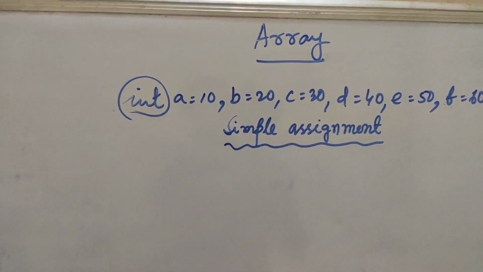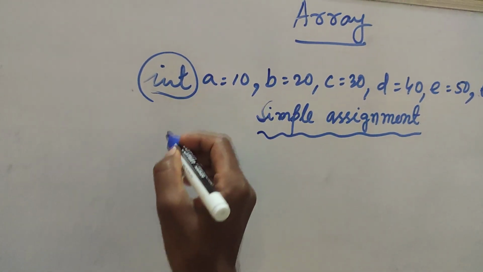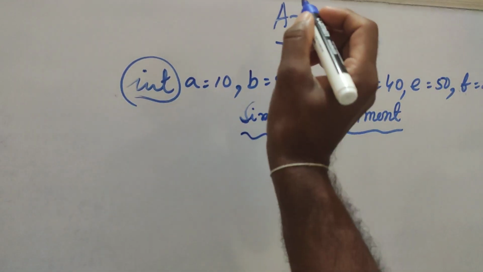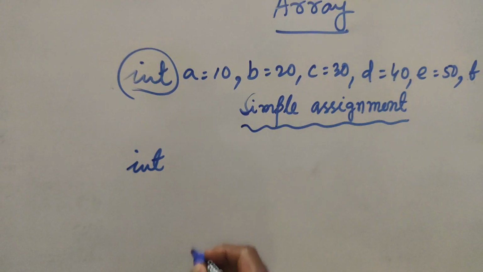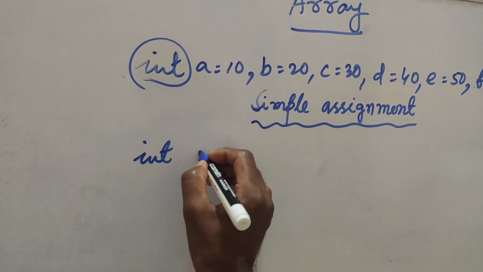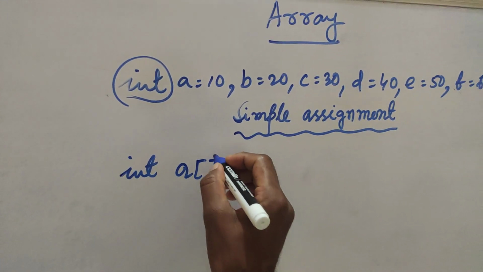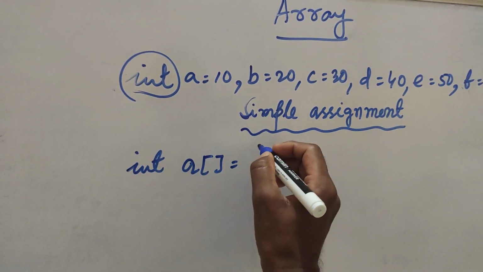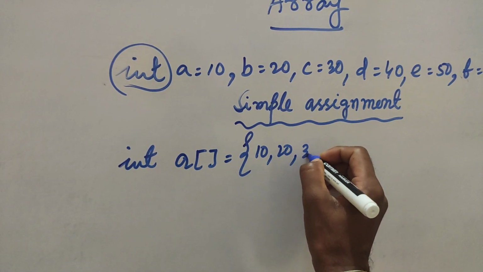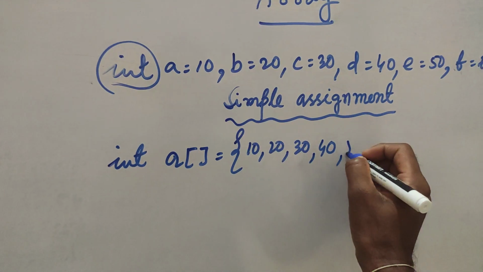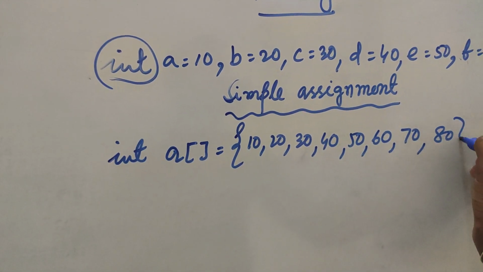How do we declare an array variable by using simple assignment statements? To declare an array variable, you have to give the data type, then suppose a variable, and this is a group of values: 10, 20, 30, 40, 50, 60, 70, suppose 80.